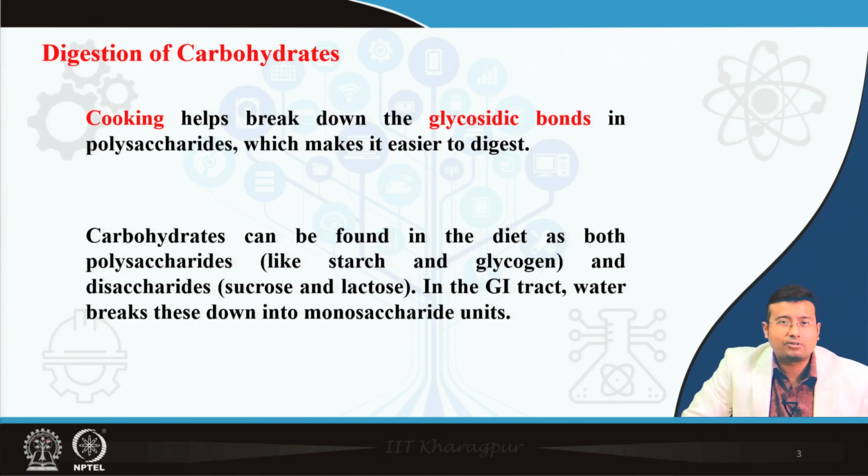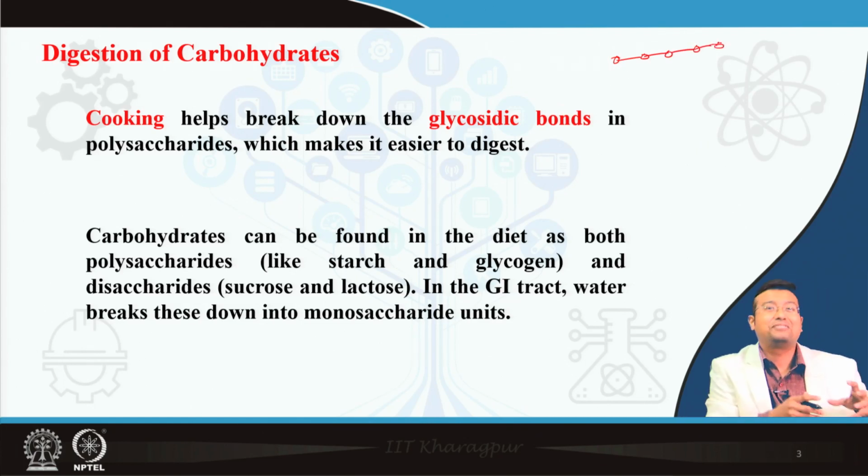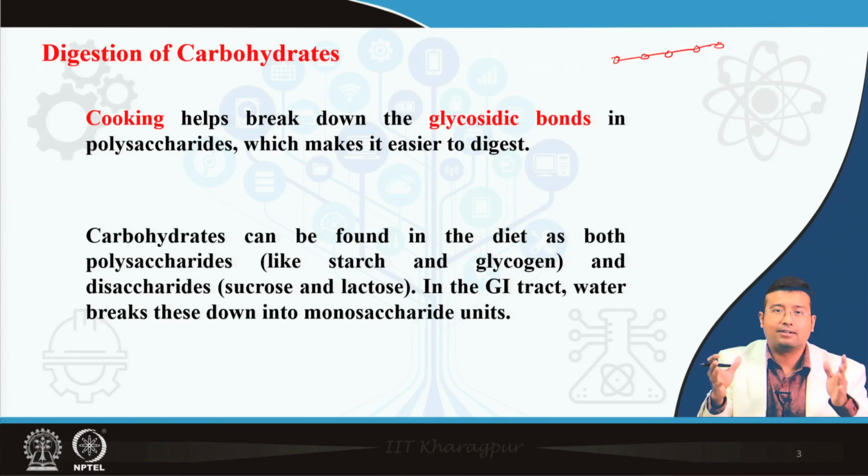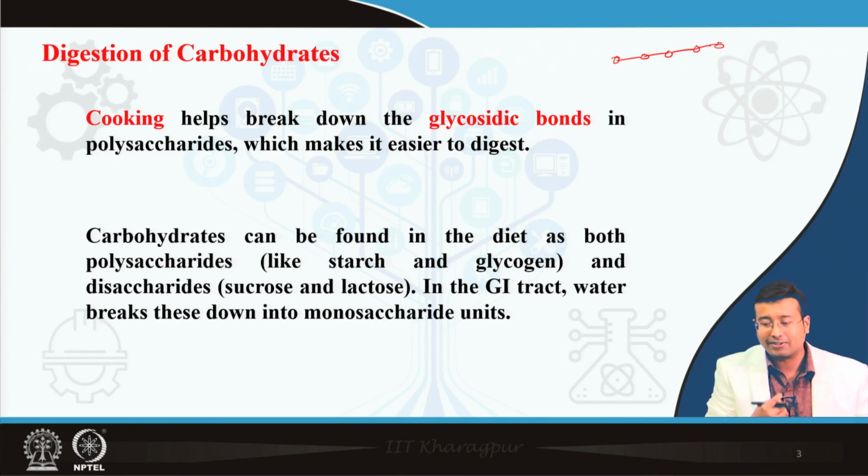A very basic thing to understand is the digestion of carbohydrates actually starts outside your body only. How? By cooking. See, carbohydrates are actually made of units of glucose, right? Of course, glucose is a carbohydrate, is very fundamental, it does not need digestion. Digestion means breaking of a complex molecule into simpler forms so that we can absorb the whole thing, right.